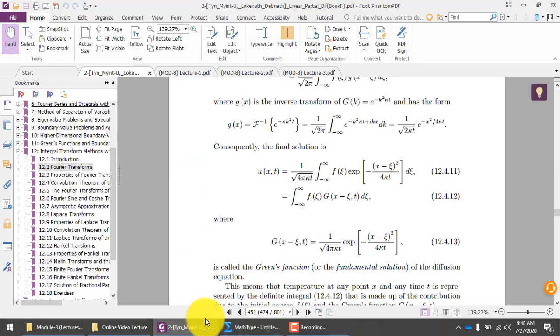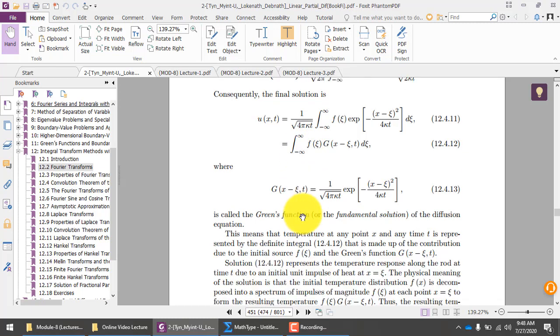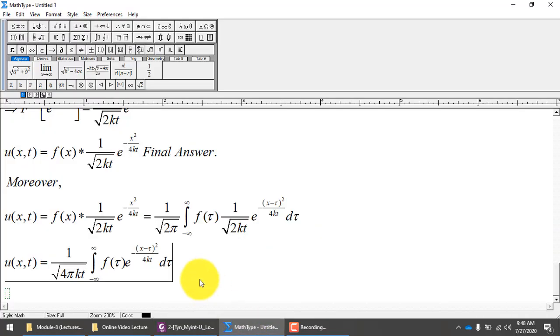Now why is this answer more important? Because look, this answer can be written in the following manner: this is actually a convolution of two things. What are the two things? So in the next step you can write it like that.